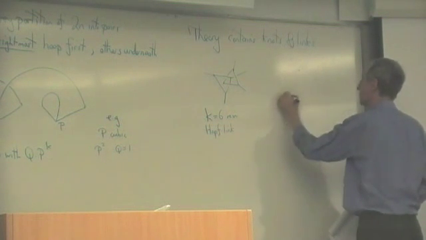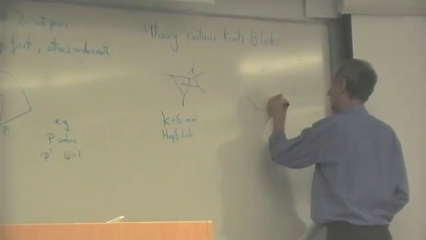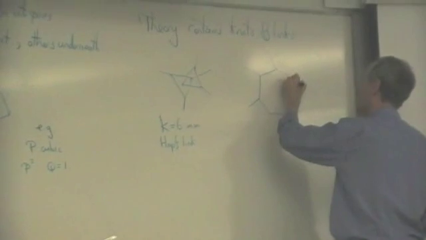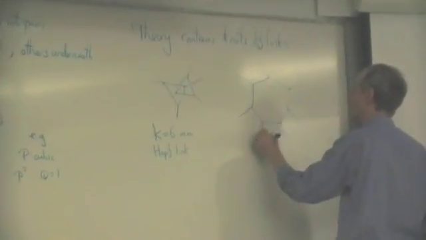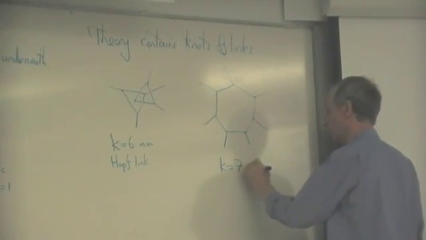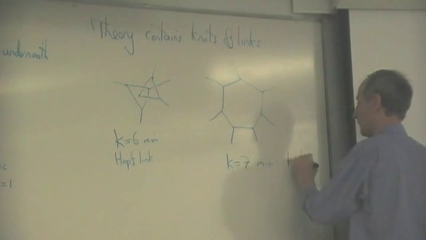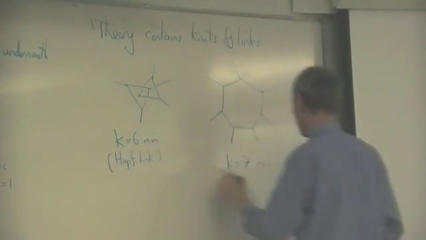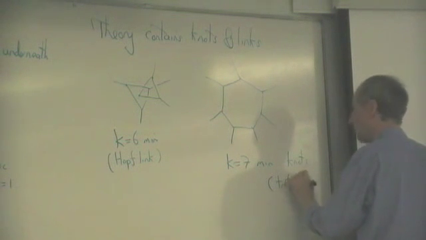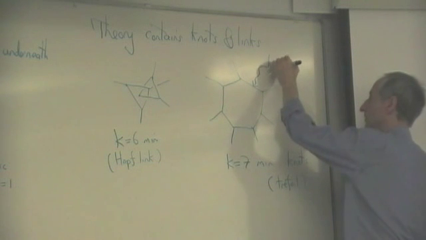If you draw this diagram here, with a 7th order diagram, that's the minimum you need to get knots. In fact, the one I found was the trefoil. So this diagram here, which I haven't drawn, is knotted.